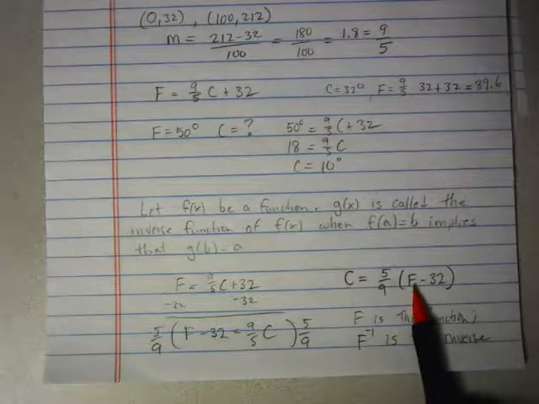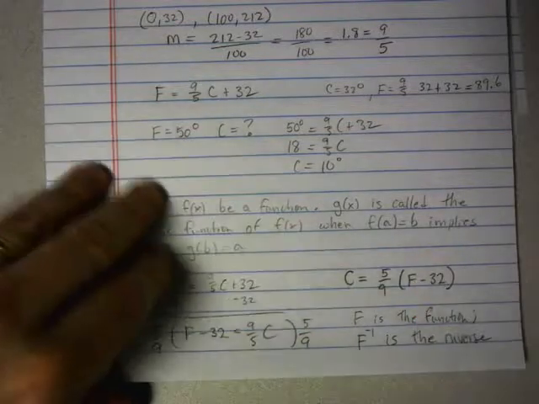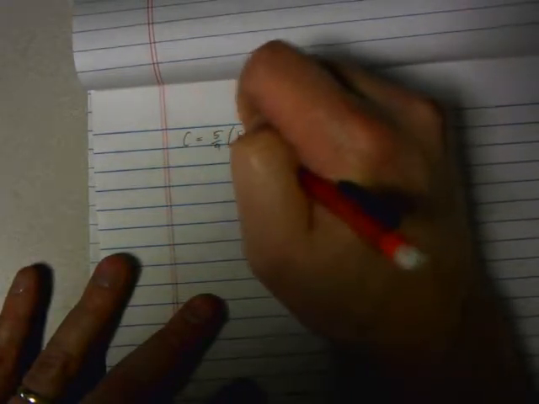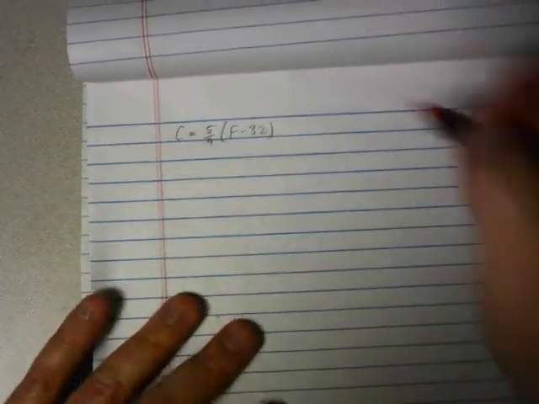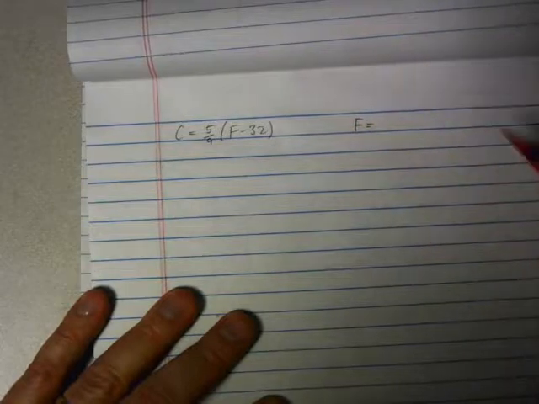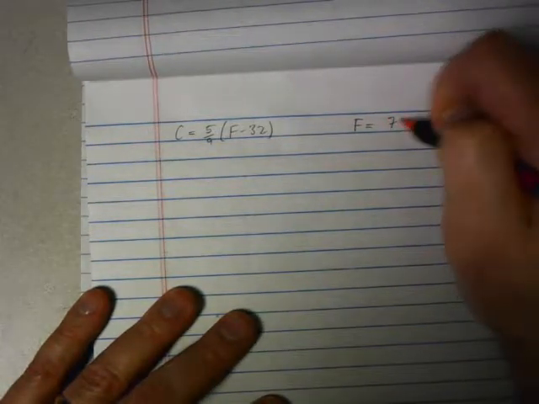So if my Fahrenheit value were, let's make one up. C equals 5/9 times F minus 32. Now let's say somebody woke up in the morning and they saw the Fahrenheit temperature was going to be 72 degrees.